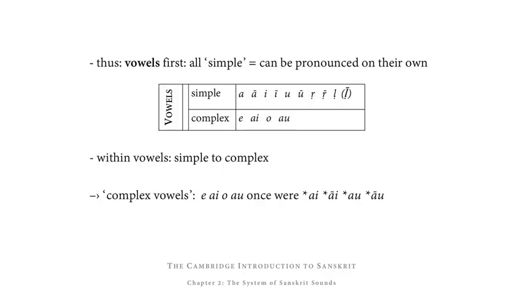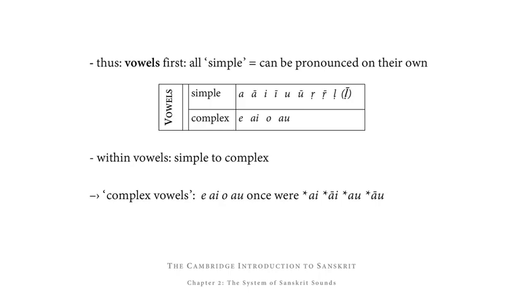So what does that mean, from simple to complex? First of all, when we have the customary order of sounds, we find the vowels first, the consonants second. Vowels are sounds such as a, e, or u, which are easily pronounced on their own, whereas consonants such as k, t, p, and so on are much more difficult to pronounce on their own.